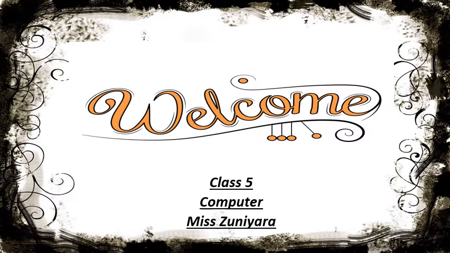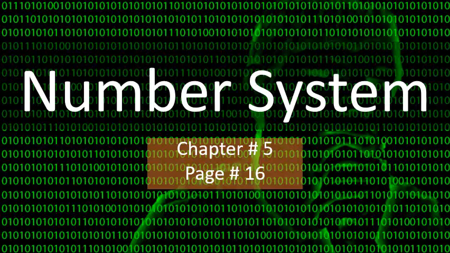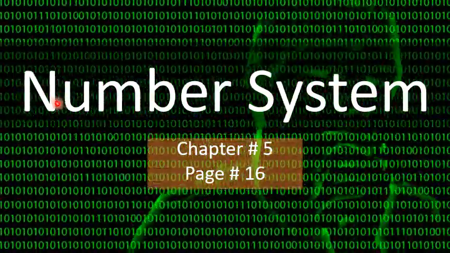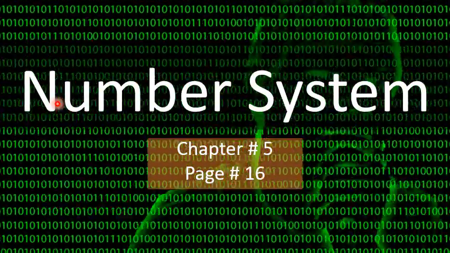Up till now, we have completed our 4 chapters. Now, we are going towards the next chapter. And what is the name of the chapter? Let's get started. The chapter which we are going to start is number system.